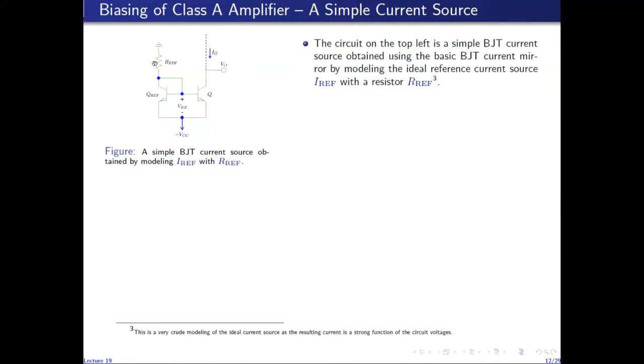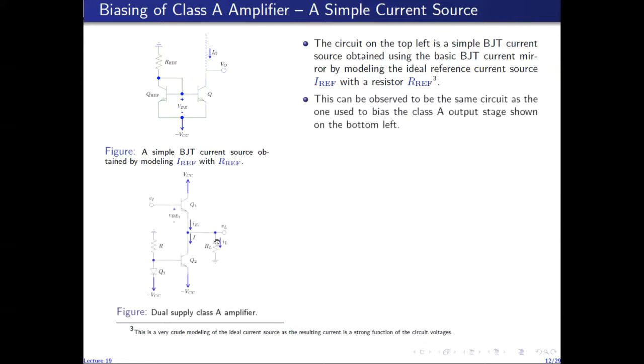If we replace the ideal current source with RF, we obtain what is called the simple current source circuit. This is the circuit that we have used to bias the class A amplifier.